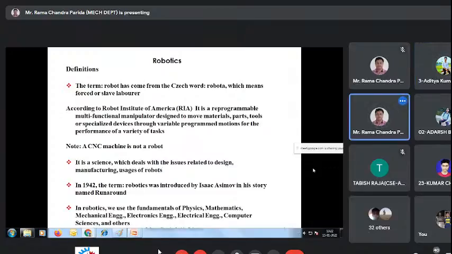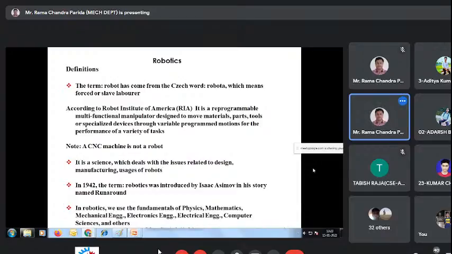So you read. I am reading this one. The definition of robot is: it is a reprogrammable multifunctional manipulator designed to move materials, parts, tools, or specialized devices through variable programmed motion for the performance of a variety of tasks.